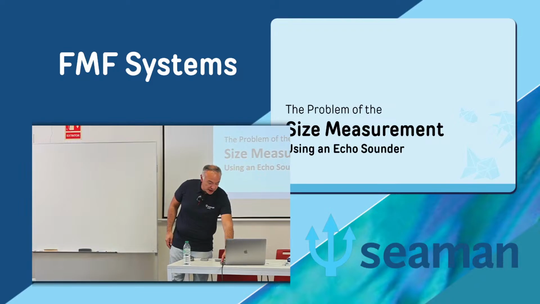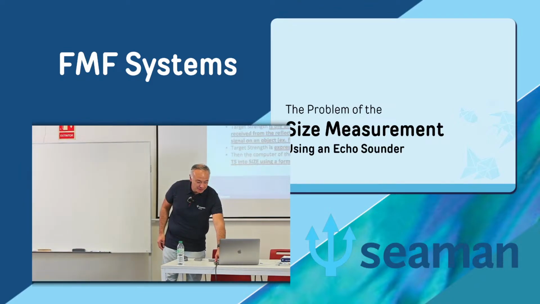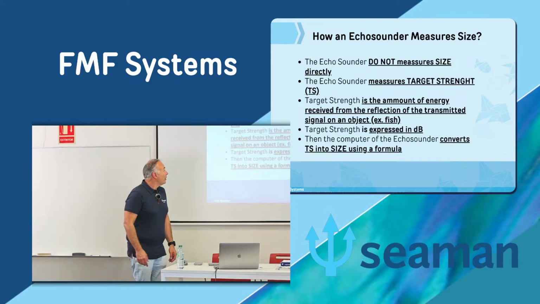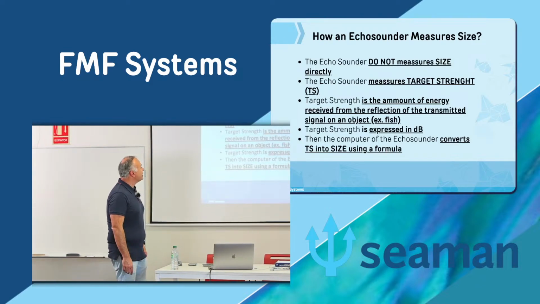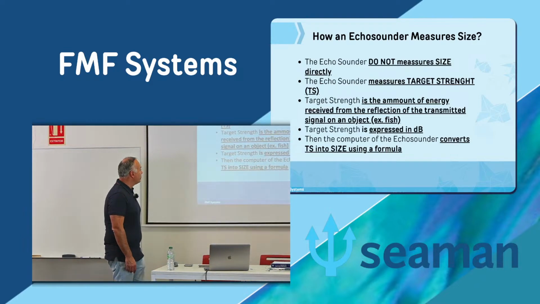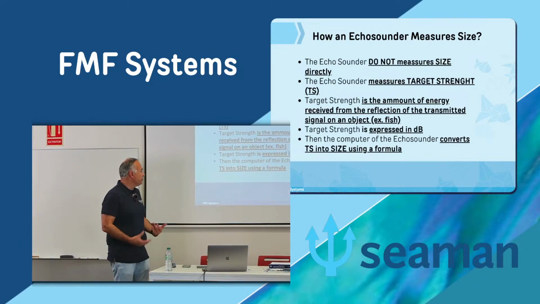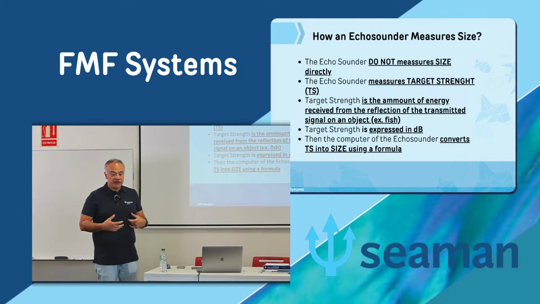The problem of size measurement using an echosounder is that the echosounder does not measure size directly. It measures target strength. Target strength is the amount of energy received from the reflection of the transmitted signal.